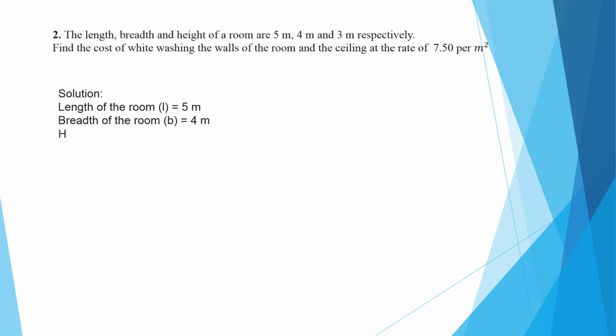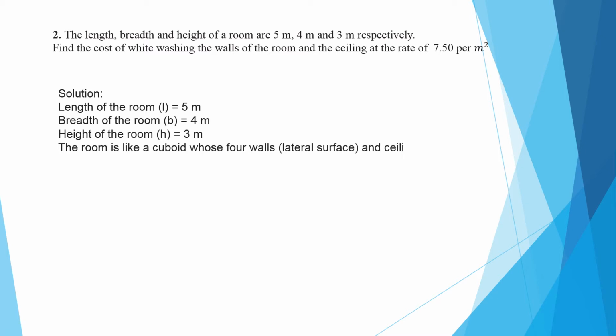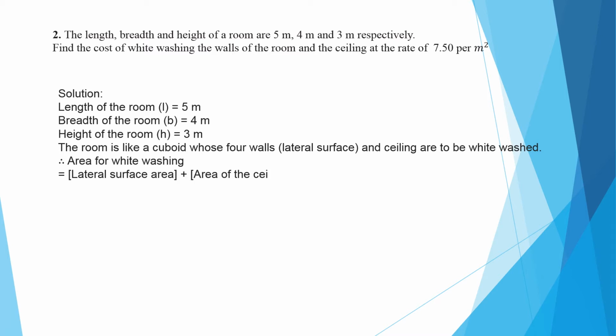Now we need to include the four walls and the bottom, ceiling. So two ways there. One way by total surface area minus the bottom, or the lateral surface area, four walls, plus the ceiling one. Okay, the room looks like a cuboid whose four walls lateral surface and the ceiling are to be whitewashed. So area for whitewashing is equal to lateral surface area plus area of ceiling.